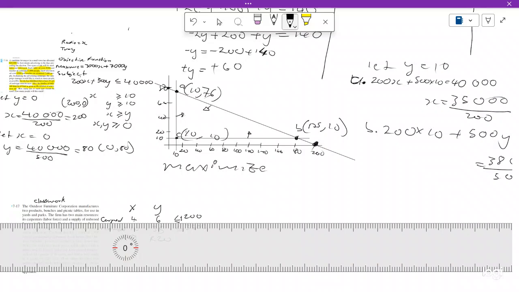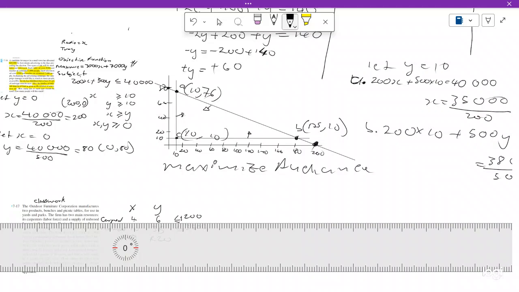Maximize audience. Audience is a term that goes with English, guys. It runs out very fast. So the formula now is here.